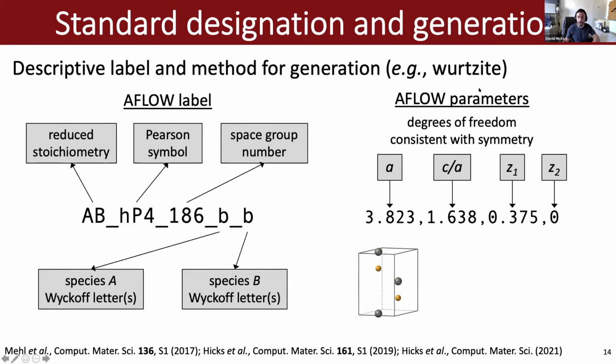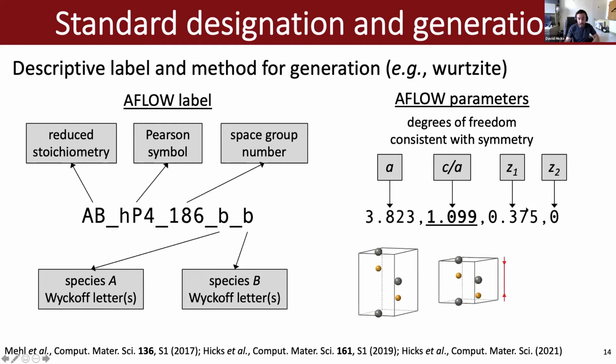And so this corresponds to the wurtzite structure. But from this alone, this doesn't uniquely designate a particular crystal structure. And that's because we have degrees of freedom based on the symmetry. And so here are the symmetry based degrees of freedom. So we need to specify lattice parameter a, c over a, and these Wyckoff coordinates, z coordinates.